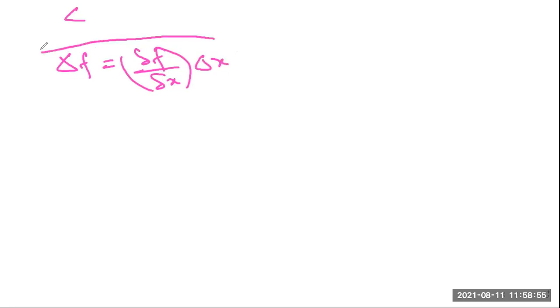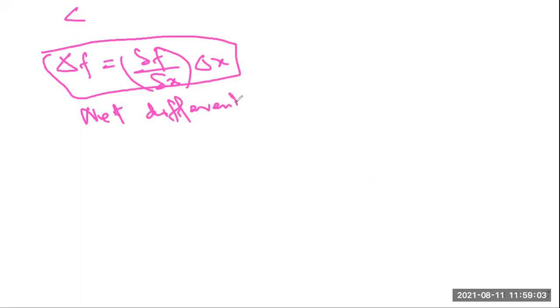Suppose you are calculating delta F. This is delta F by delta X into delta X. So this is the net differential change.